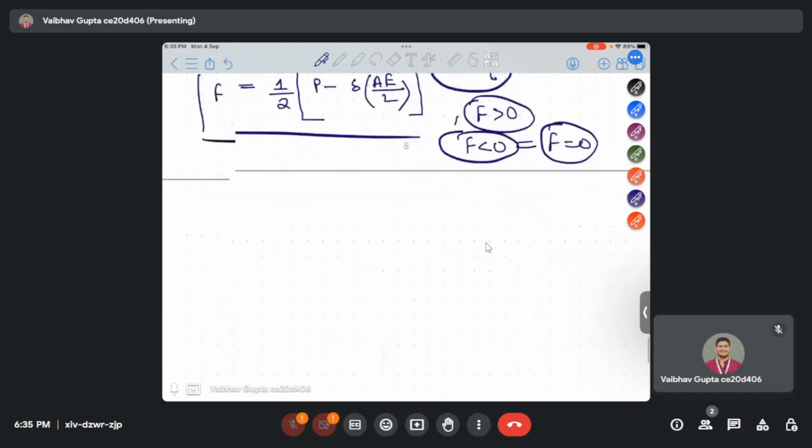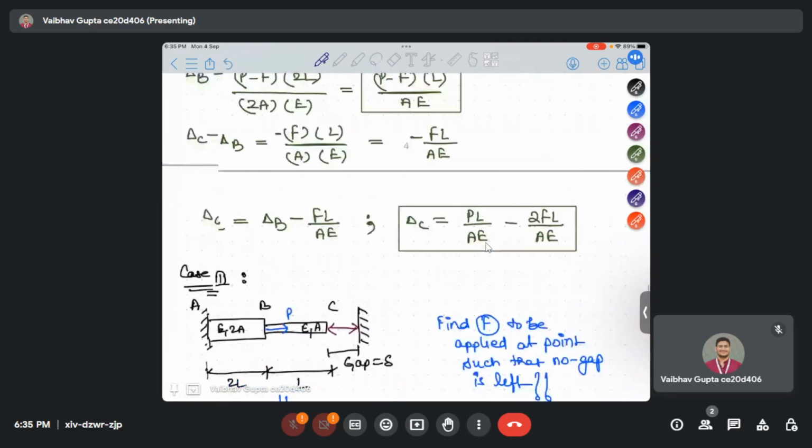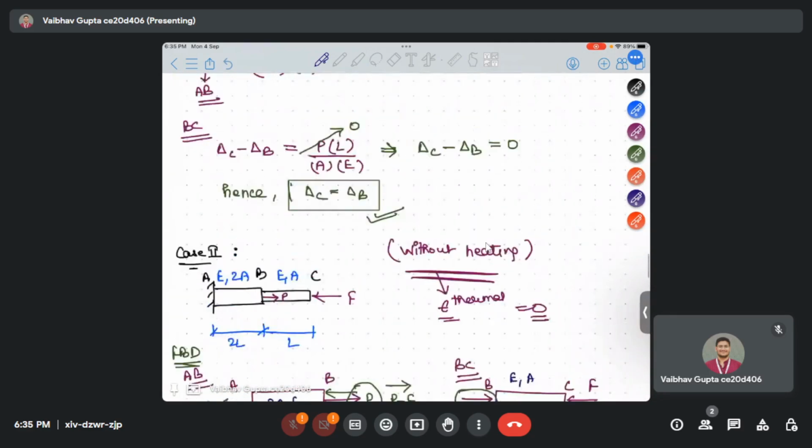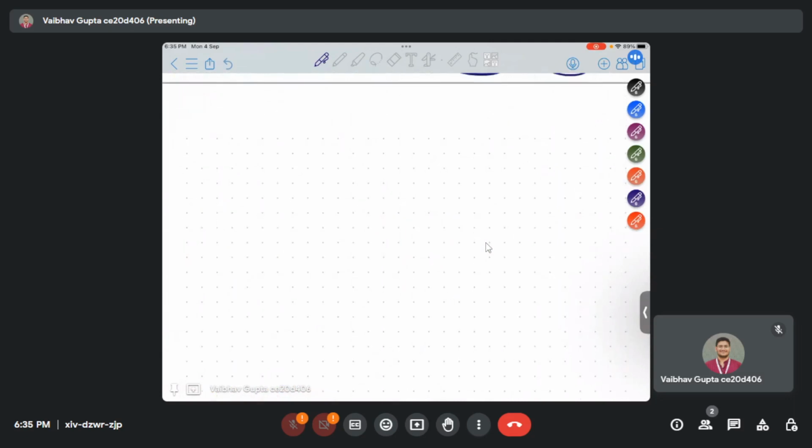Okay. Now these three cases we have assumed for the without-heating case. I will do all these three cases again for the heating case also, where your epsilon observed will now be equal to epsilon mechanical plus epsilon thermal.